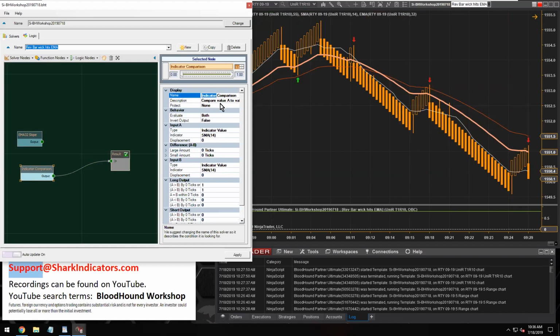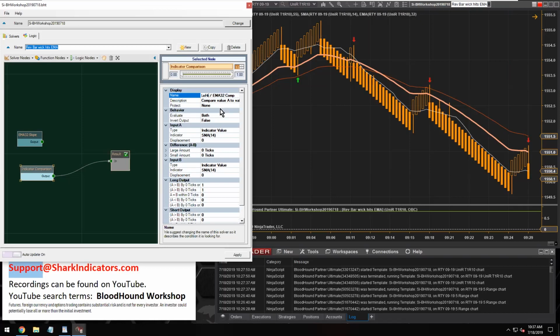So for an up candle, we're going to look at the low price of the bar, and for a down candle, we're going to look at the high price of the candle, and then compare that to the EMA. I'm going to name this slightly differently here.